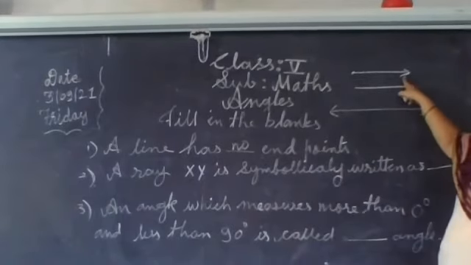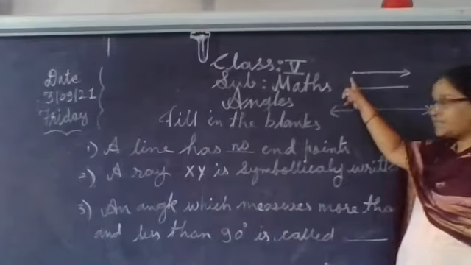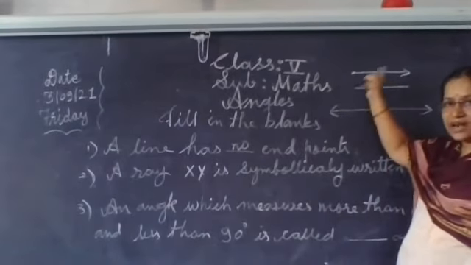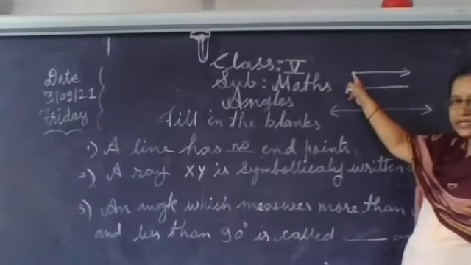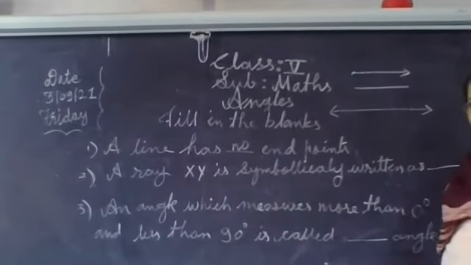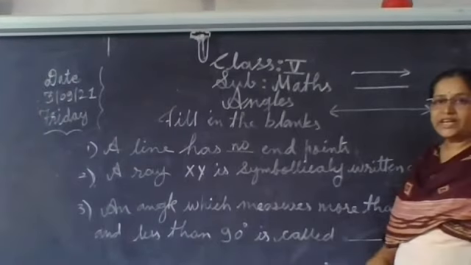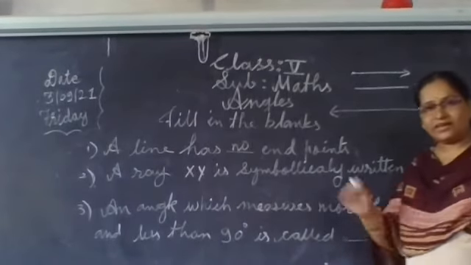This ray has only one endpoint. Actually, it is not called an endpoint; it is known as the initial point. It starts with this point, so it has one fixed point and one arrowhead. That means the ray extends in only one direction infinitely.